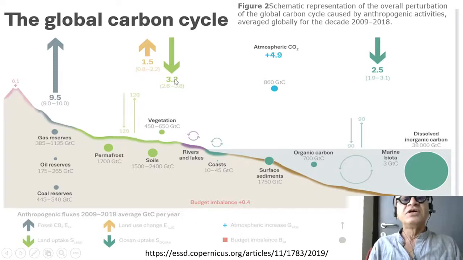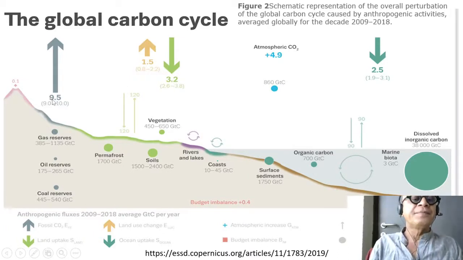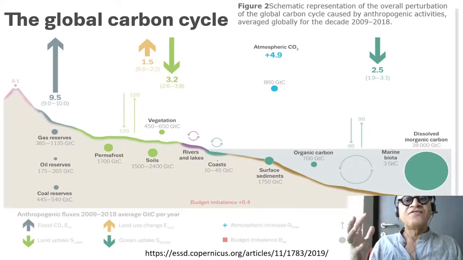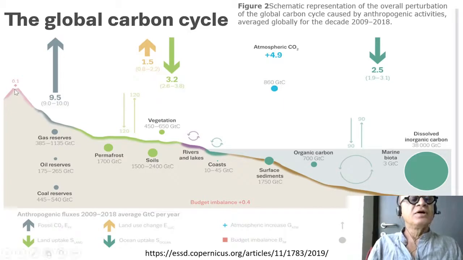So there are places where land is sequestering carbon, forest growth for example, and there are the fossil fuel emissions by human activities, almost 10 gigaton CO2 per year. There is a total of almost 50 CO2 equivalent, gigaton carbon equivalent per year, which is a combination of many other things. Okay, volcanoes adding a little amount there.